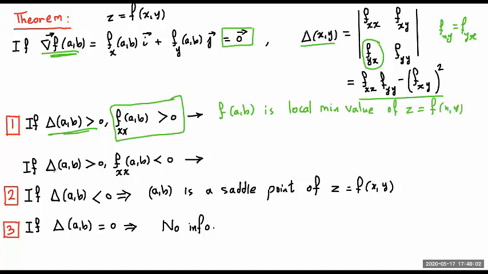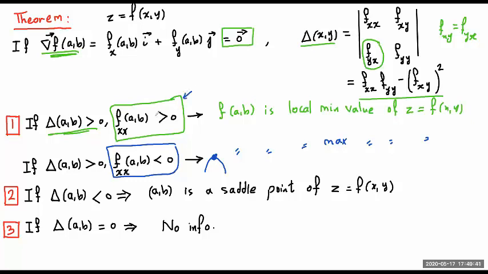Now, if delta at (a, b) is positive and f_xx at (a, b) is negative, then f(a, b) is a local maximum, because the graph of the function would be something like that, with concavity down at the point (a, b).